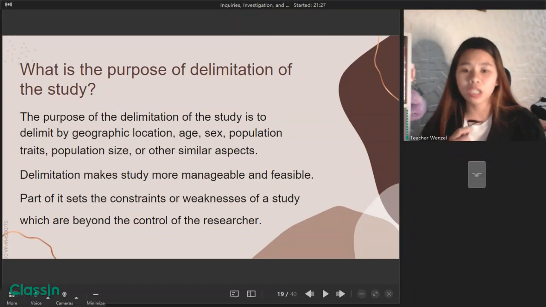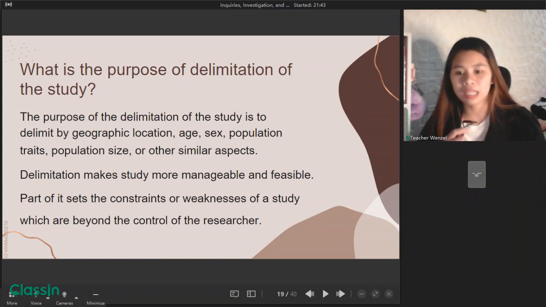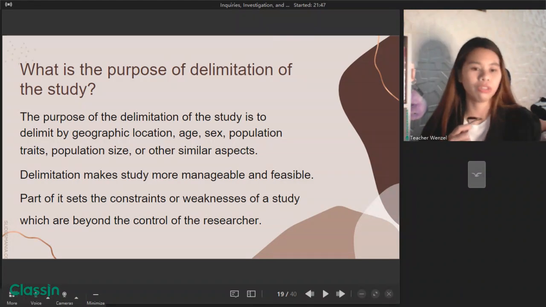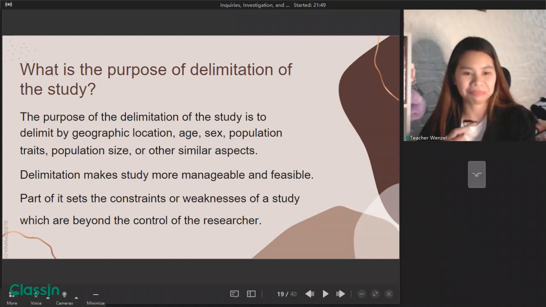The purpose is to delimit by geographic location, age, sex, population, traits, population size, or other similar aspects. The limitation makes the study more manageable and feasible. Part of it sets the constraints or weaknesses of a study which are beyond the control of the researcher.